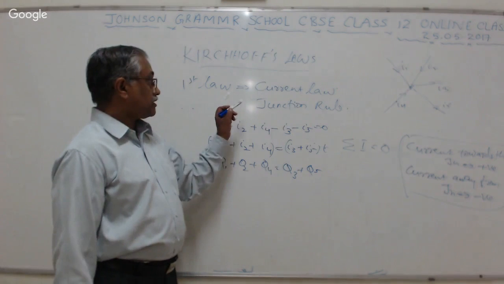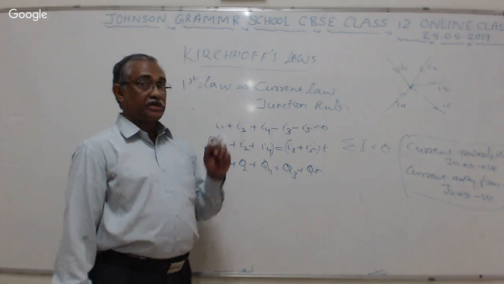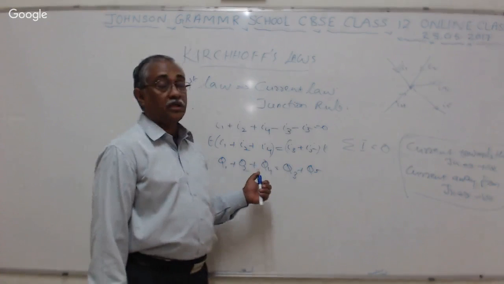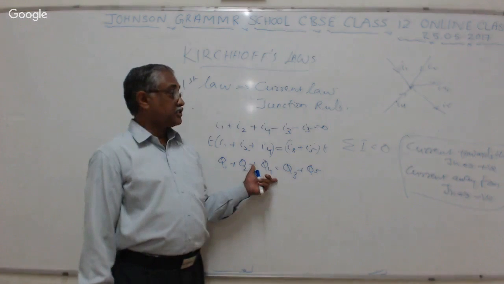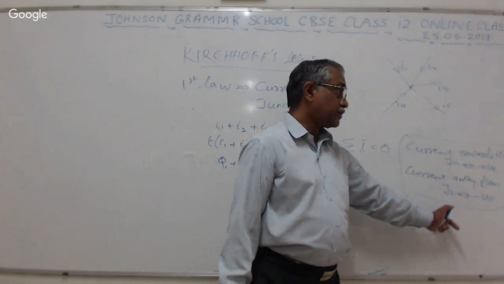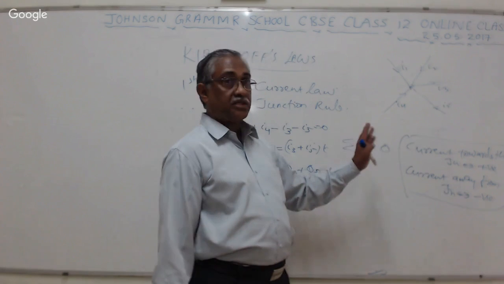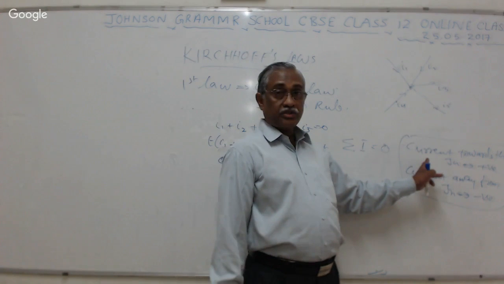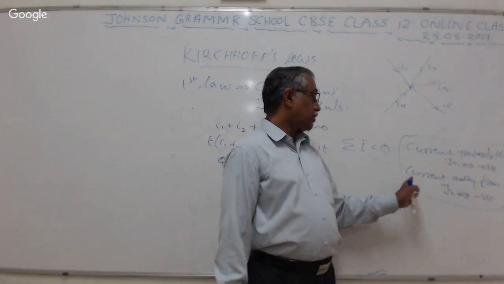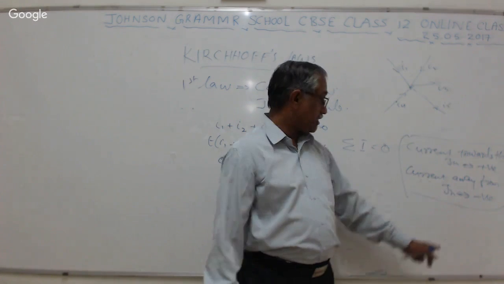So again, I will explain once more. The first law is the current law: the total algebraic sum of the currents at a junction in a network is equal to 0. We follow a sign convention for finding the algebraic sum. The current towards the junction is taken as positive, and the current going away from the junction is taken as negative.